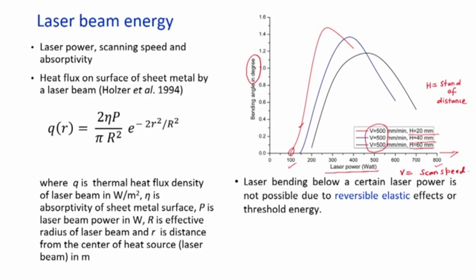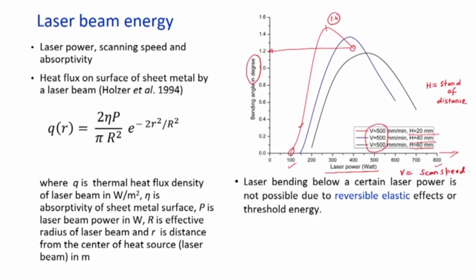As we increase the laser power to 200 watt, we got around 1.4 degrees of bend angle, a considerable bend angle for one pass. But interestingly, if we increase the laser power further, the bend angle was reduced. So, note it down, the bend angle increased and then it reduced.